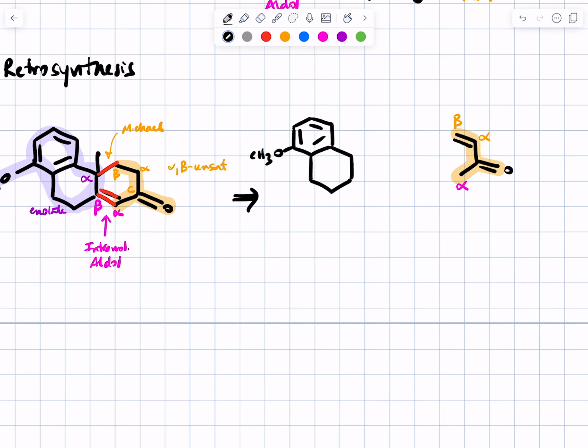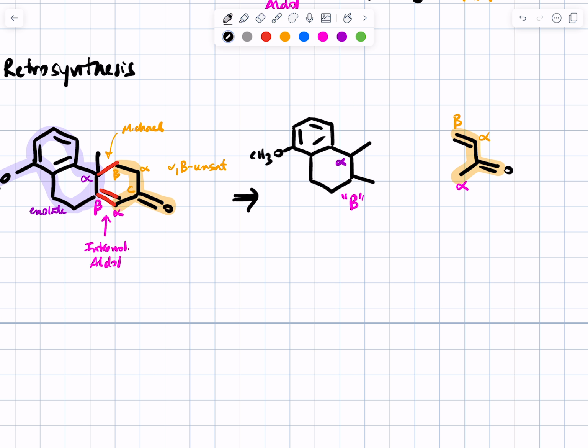Okay, on the purple alpha carbon, we have a methyl group. This is the one that's going to get deprotonated to prepare for the Michael reaction. On what I've labeled here as the pink beta carbon, remember that that carbon made a bond with the pink alpha carbon in an aldol reaction.